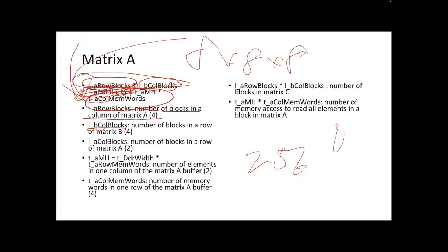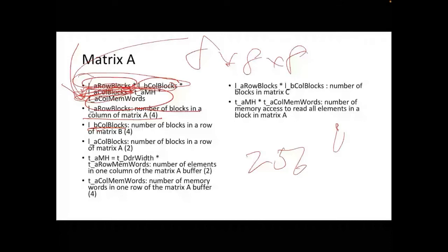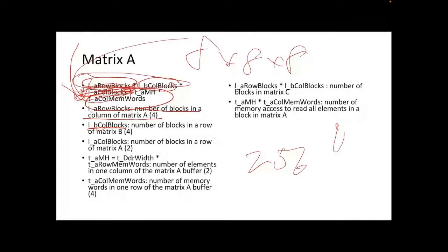Just take this example: you have A matrix 8 by 8, B matrix 2 by 4. In this example, how many of the 8 by 8 matrix need to be read?